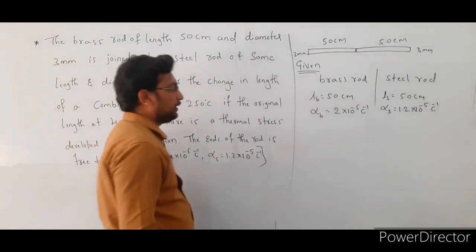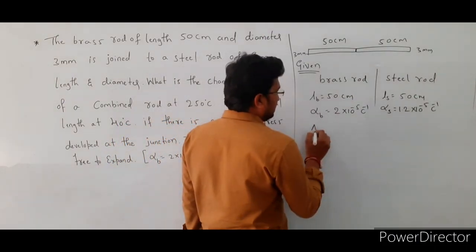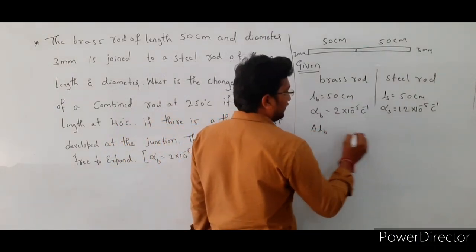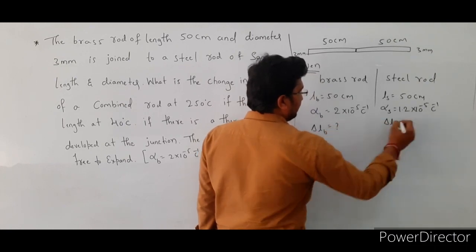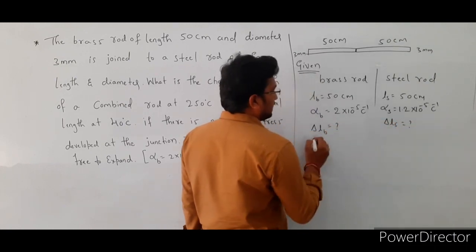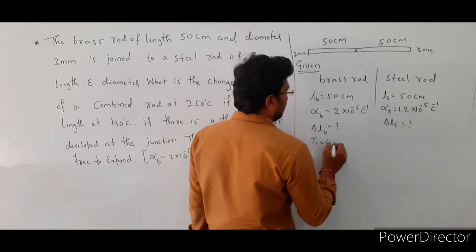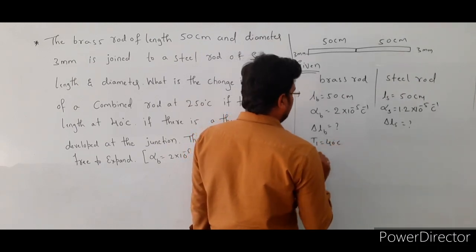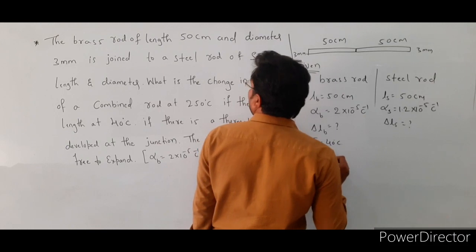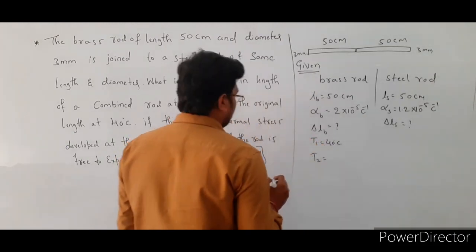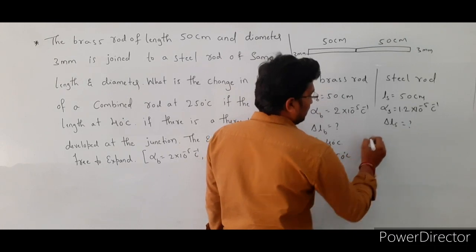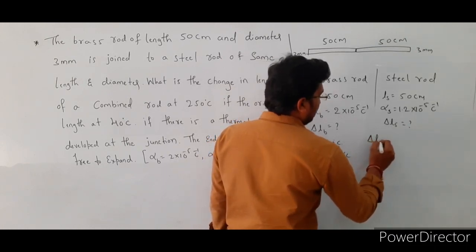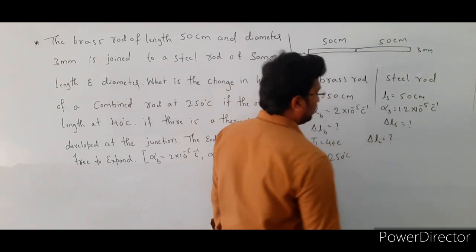We are going to find the change in length for brass and for steel. The temperature is also given: T1 is 40 degrees Celsius and T2 is 250 degrees Celsius. Then the change in length for the combined rod is equal to question mark.